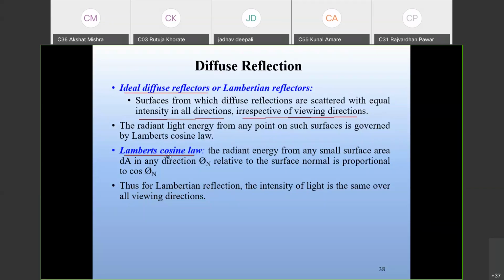What is Lambert's cosine law? The radiant energy from any small surface area dA in any direction phi n relative to the surface normal is proportional to cos phi n. So remember that Lambert's cosine law is used here, and that it is proportional to cos phi n. Here we consider that the intensity of light is the same over all viewing directions.